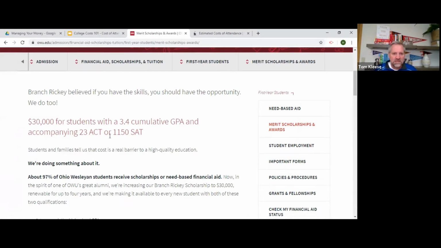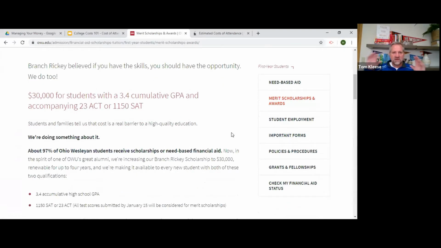And a 23 ACT or an 1150 SAT. That seems pretty doable. Yeah, maybe I don't have to take this test again. Who knows? So $30,000. Remember, tuition and fees, 47, knock off 30. So now I'm looking at a great private university that maybe fits exactly what I'm looking for in my University of U. And now instead of that $47,000, it's going to cost us $17,000.